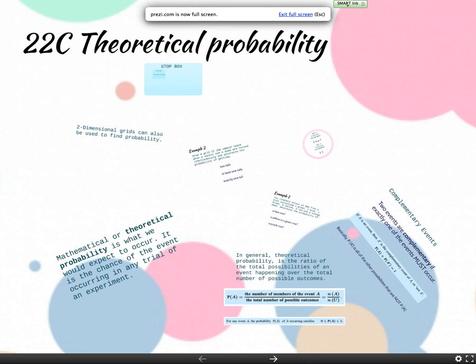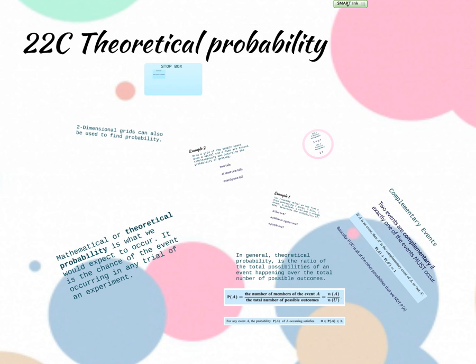So 22C is theoretical probability. We are going to do both the notes for C1 and C2 today, and so the first part's C1, and then when it switches to C2, I didn't write it on there, so I'll just give you guys a heads up when we switch to C2.